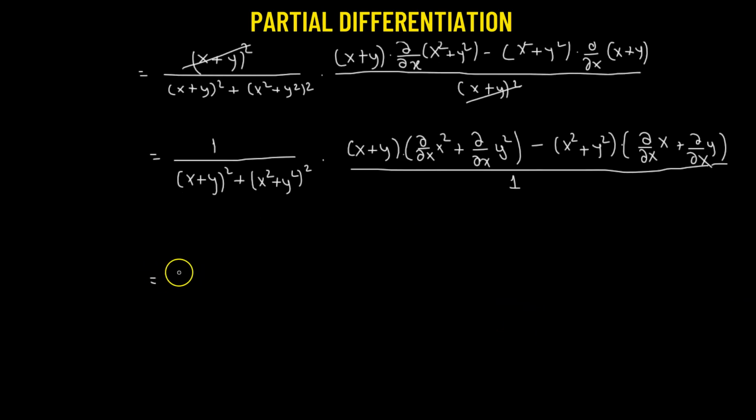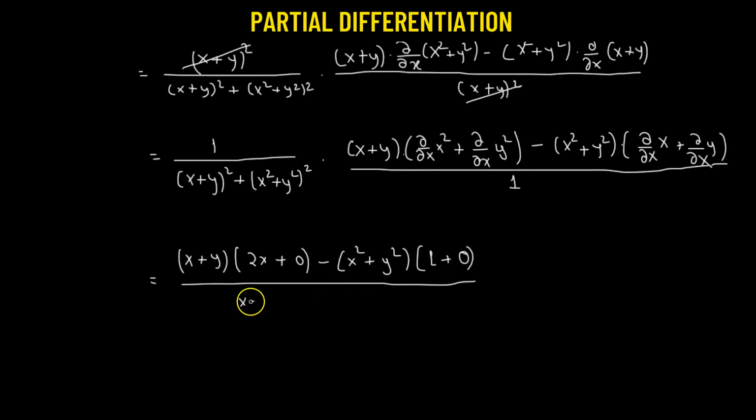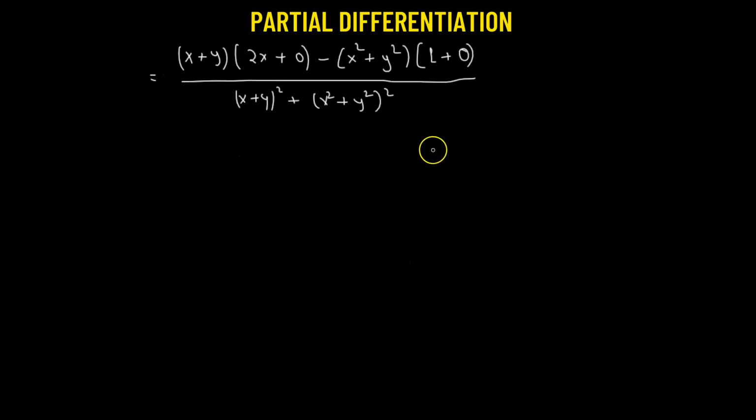So we now have x plus y multiplied by, the partial derivative of x squared with respect to x is 2x, and the partial derivative of y squared with respect to x is simply 0, because y is treated as a constant whenever we take the partial derivative with respect to x, minus x squared plus y squared multiplied by the partial derivative of x with respect to x, which is 1, and the partial of y with respect to x, which is 0, whole thing divided by x plus y whole squared plus x squared plus y squared whole squared.